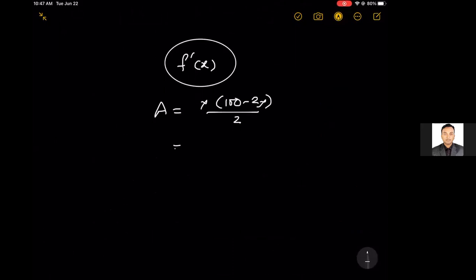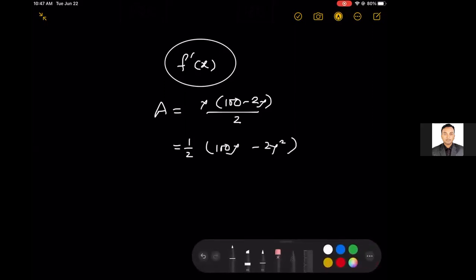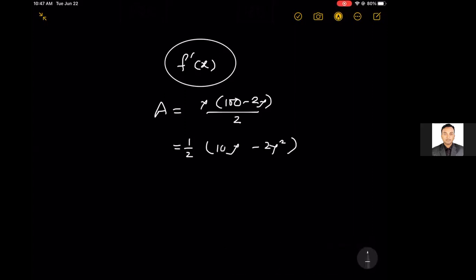I can rewrite it as half times (100y minus 2y squared). Okay, so that it looks good. A fraction often creates psychological fear in you, right? Often it's difficult to work with, but when you see a polynomial, it actually makes your life easier to start with. It gives you a head start.